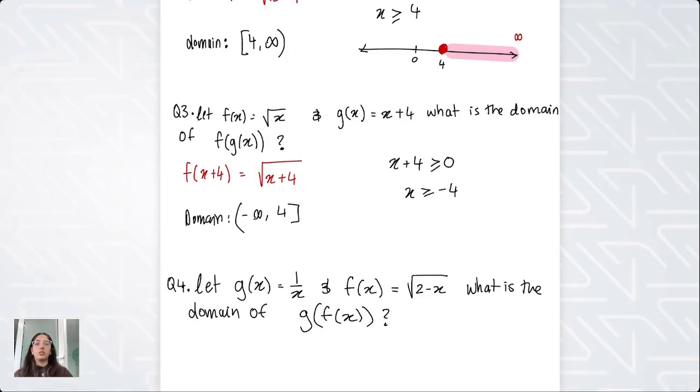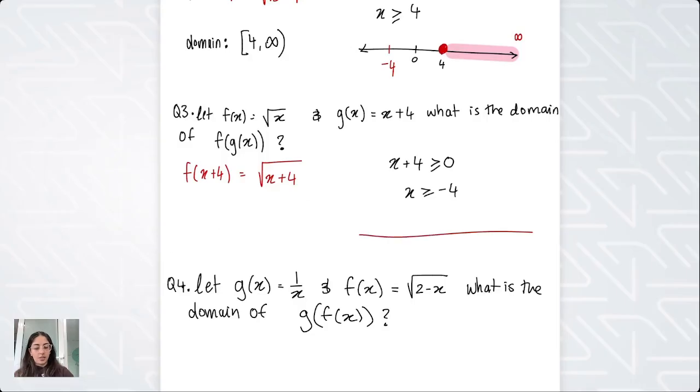Or no? Yes? I'm so sorry. I've done something a bit stupid. -4, it's not everything to the left of -4, it's everything to the right of -4. We're thinking bigger than -4. So what I said before about being everything to the left of 4 is wrong, because it should be everything to the right of -4. So yeah, sorry about that.